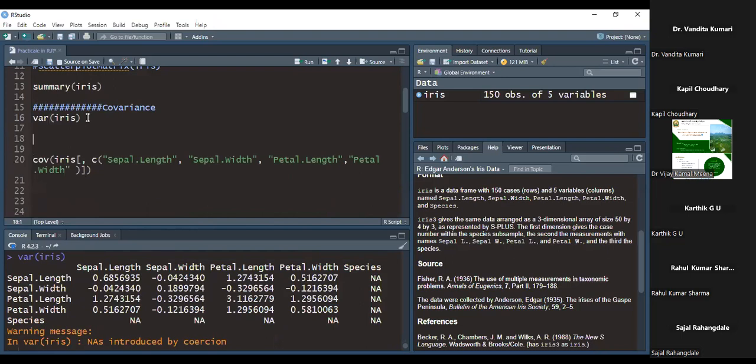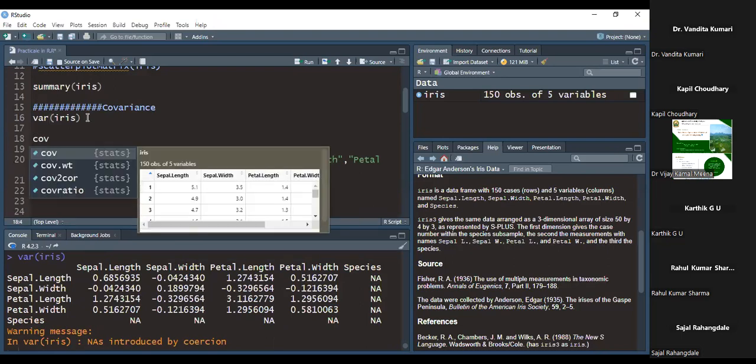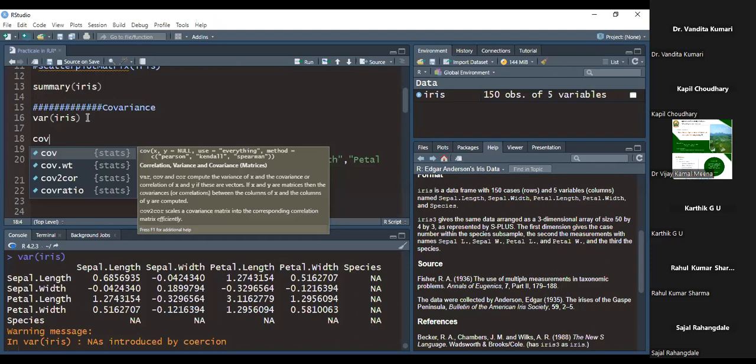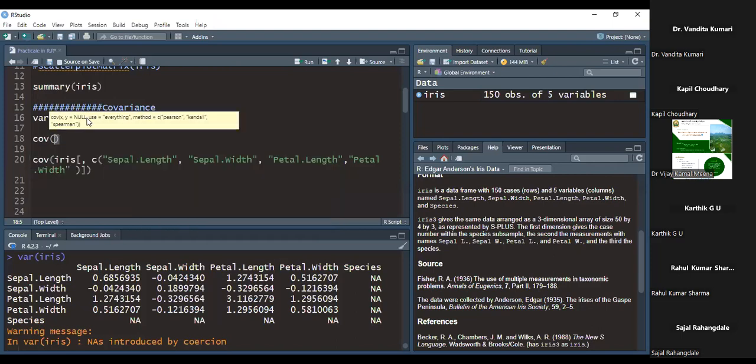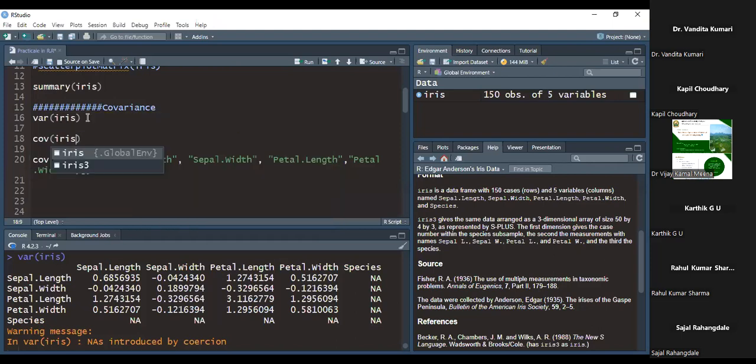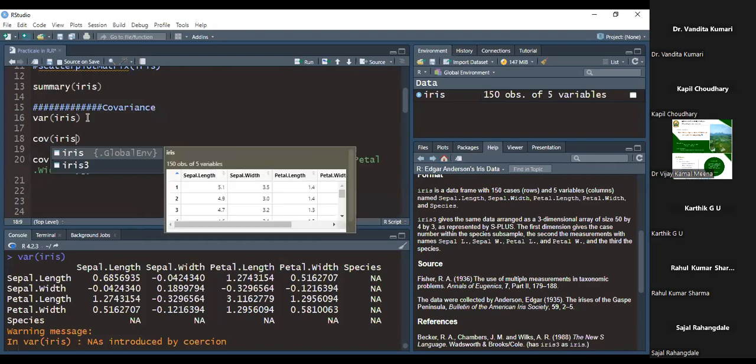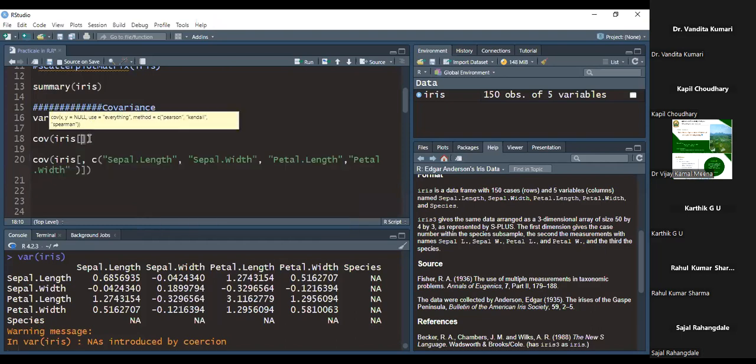What we'll do, we'll write cov. This is the covariance function. The iris data set, but we are going to now use a square bracket. What does the square bracket tell? Square bracket means the number of rows and columns.